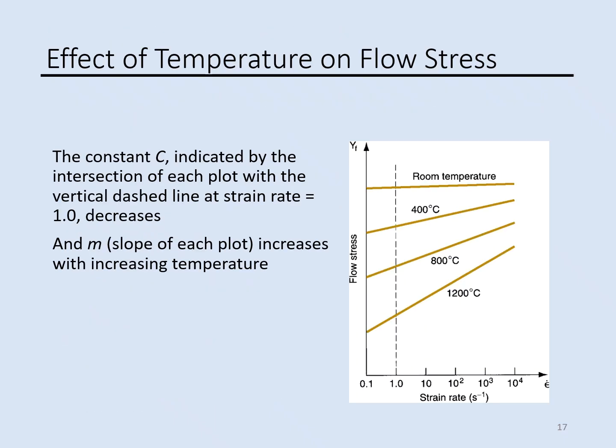Here we have a plot of flow stress over the strain rate. As you see, for this plot at room temperature, if you increase the strain rate, it means the ram or the punch moves faster at room temperature. The flow stress changes slightly. It doesn't change much. But as we go to a higher temperature, for example 400 degrees Celsius, we were working at that temperature.